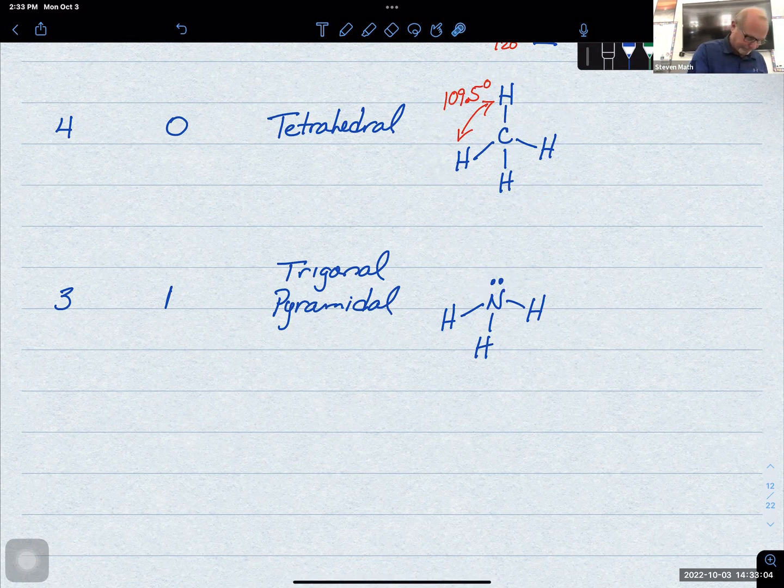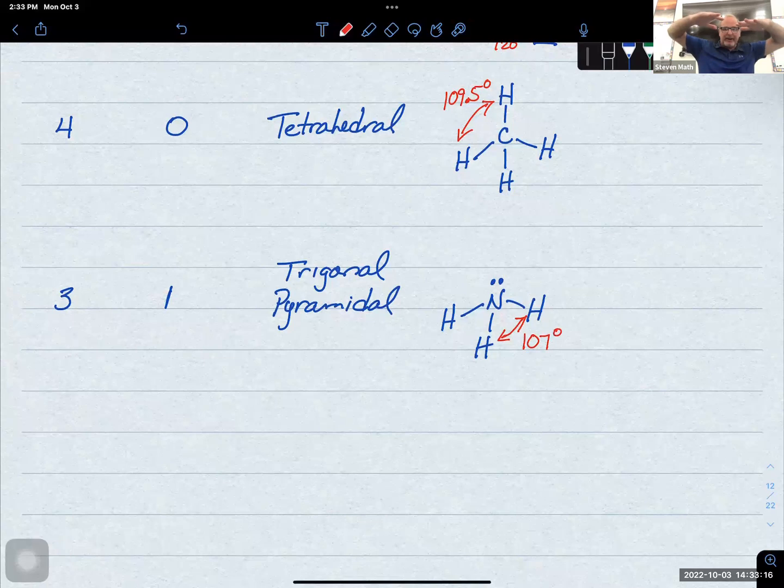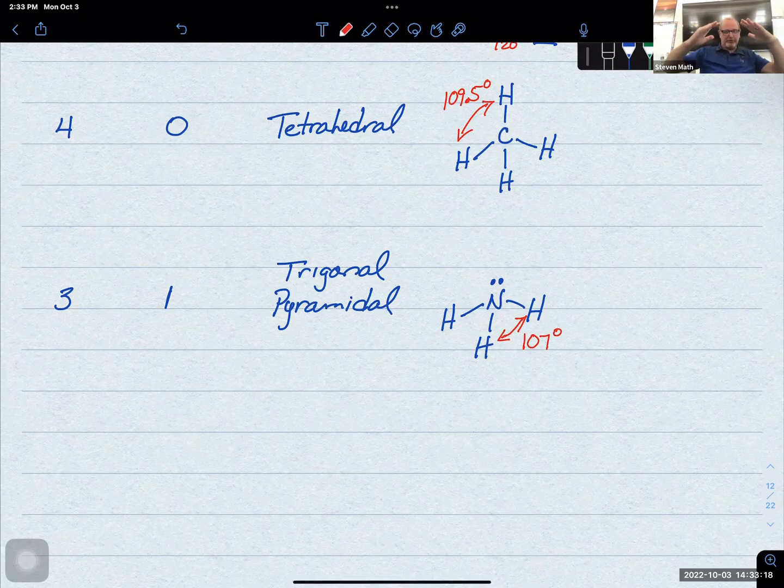So that's going to take our bond angle and change it from 109.5 to 107. It's taking those hydrogens and just pushing them away from the lone pair that's sitting up top. Changes that bond angle. And so that's a 3-in-1.